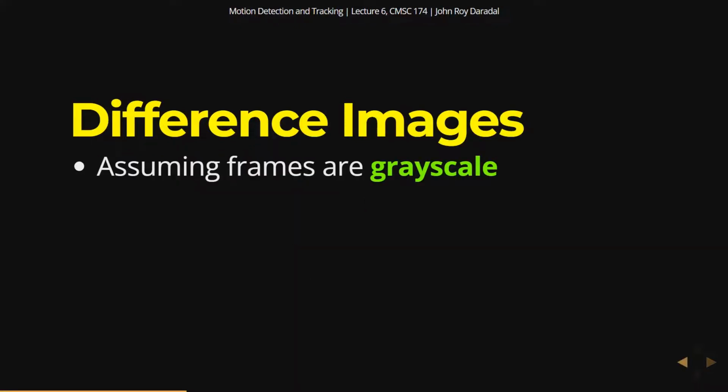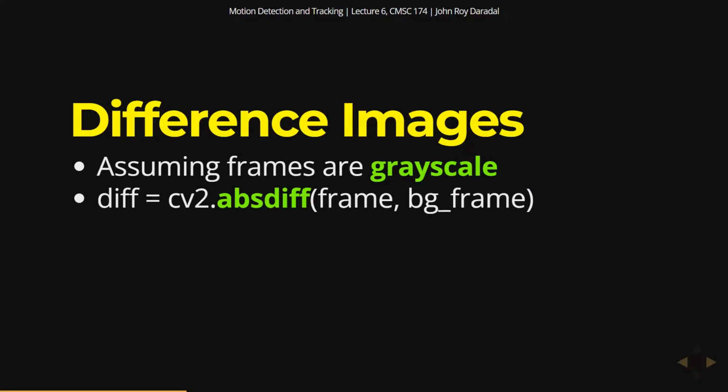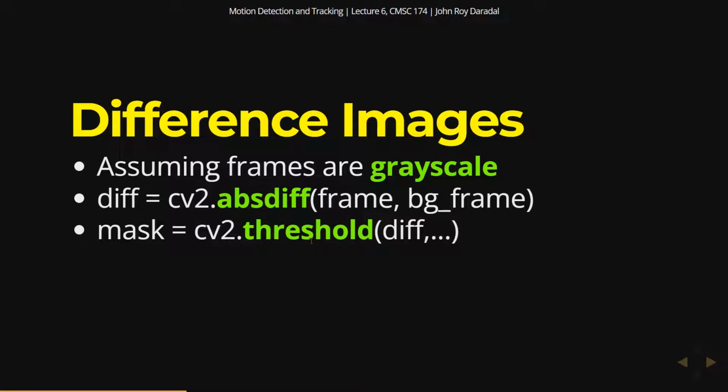But let's say that we are converting to grayscale. So let's say that this is the one that we chose. Assuming the frames are grayscale, or at least 1 channel, then we get the difference image by using absdiff, as I mentioned, of the frame and the background frame. And then we threshold using the threshold function.